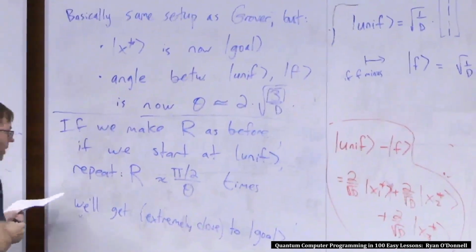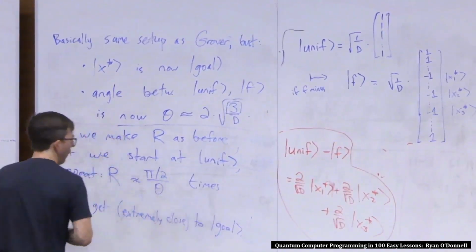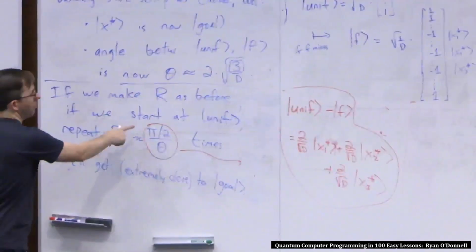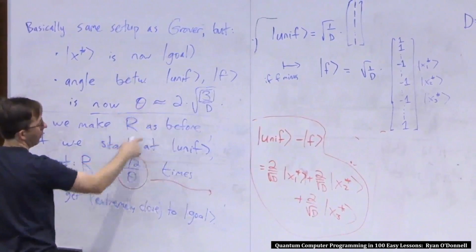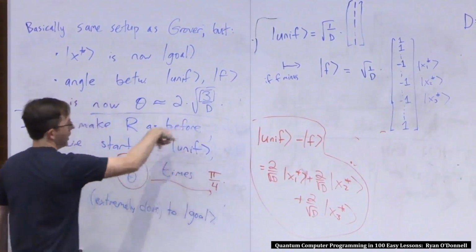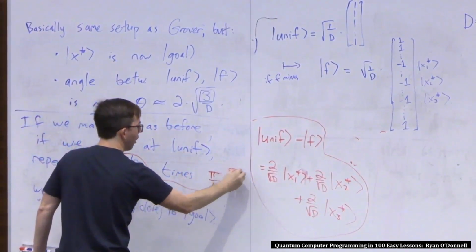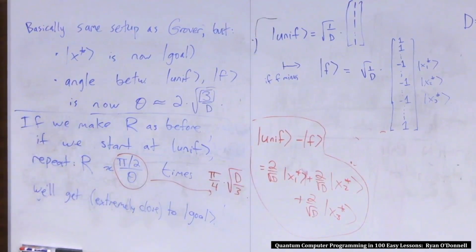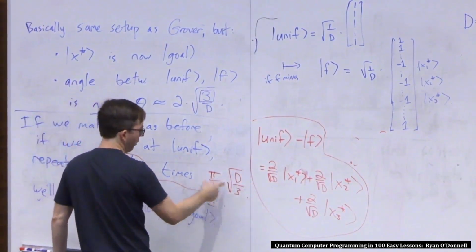Okay, and how many times is this? Well, it's the same. We have pi over 2 divided by theta. So you still have pi over 4 like before. But now, instead of square root d, we have square root d over 3. The pi over 4 is not a big deal.